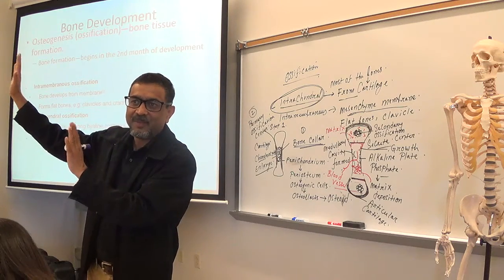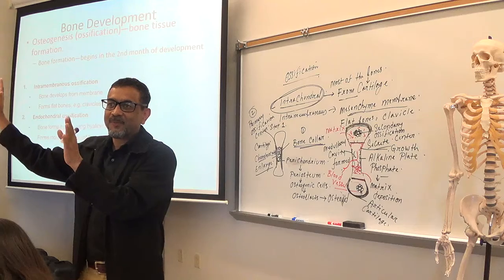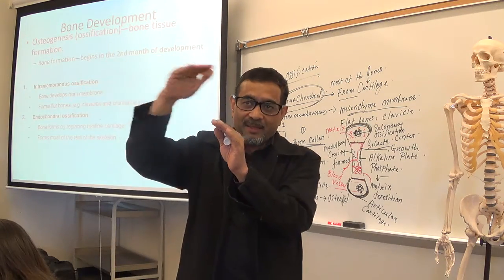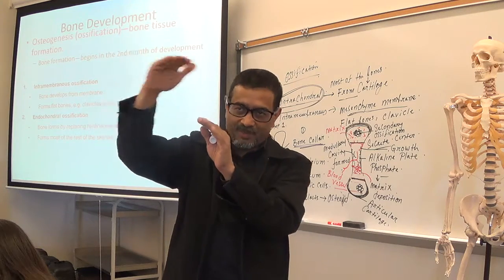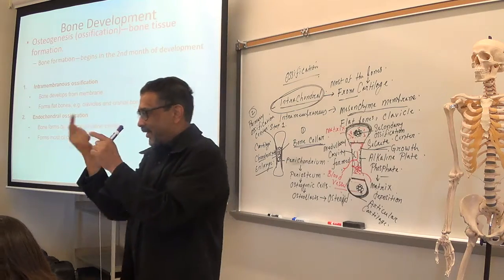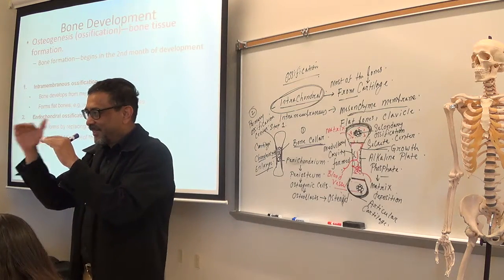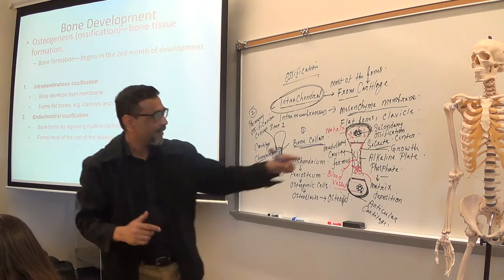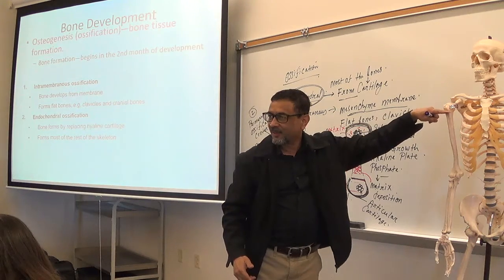Make sense? Yes. Is that the one that gives us kind of like an anatomical neck? It is in that area, but all long bones have that, not only the humerus, okay? From outside you don't see that thin plate of cartilage, right? But inside you have it around here. Make sense?